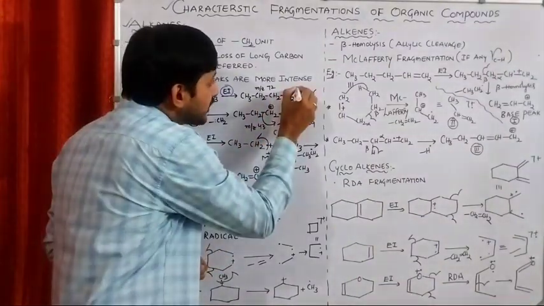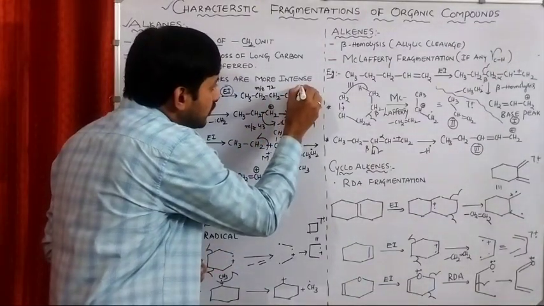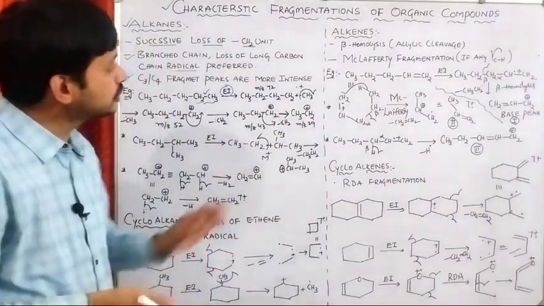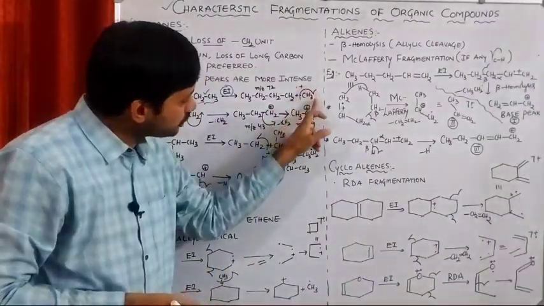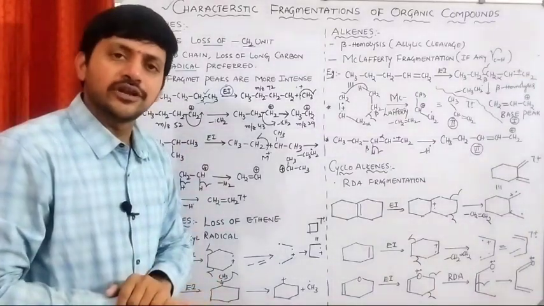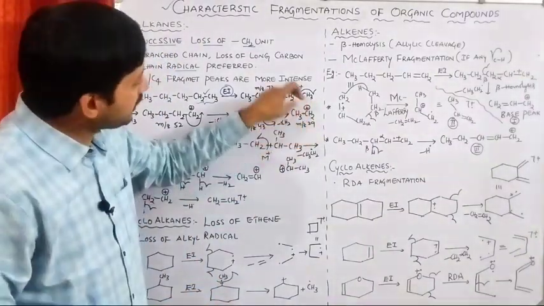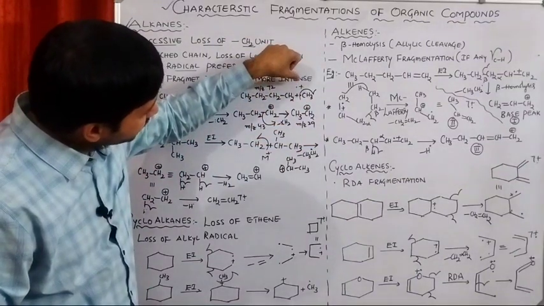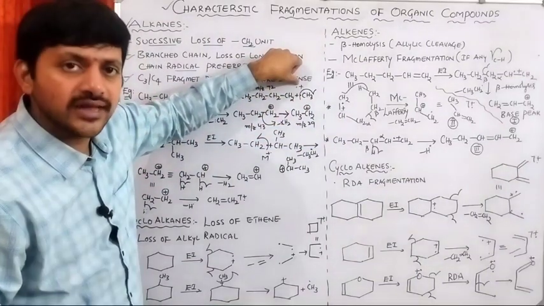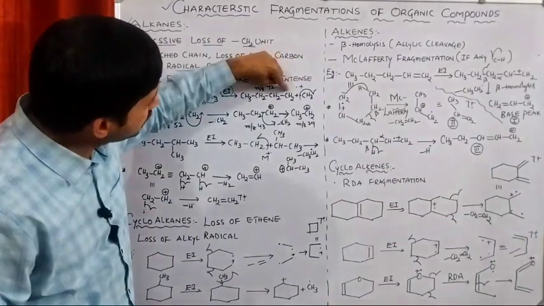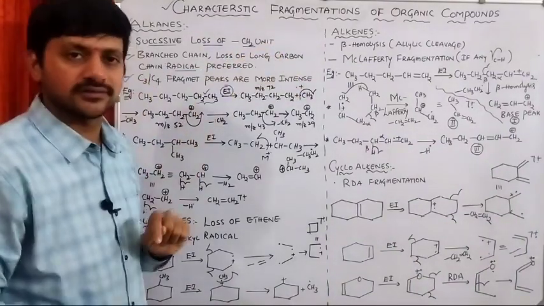I can write the plus radical in this way also, radical plus. Suppose I subject this one to hemi-heterolysis, what will happen? CH2 plus and CH3 radical. But if we take this one and subject it to hemi-heterolysis, what will happen? CH2 radical and CH3 plus.